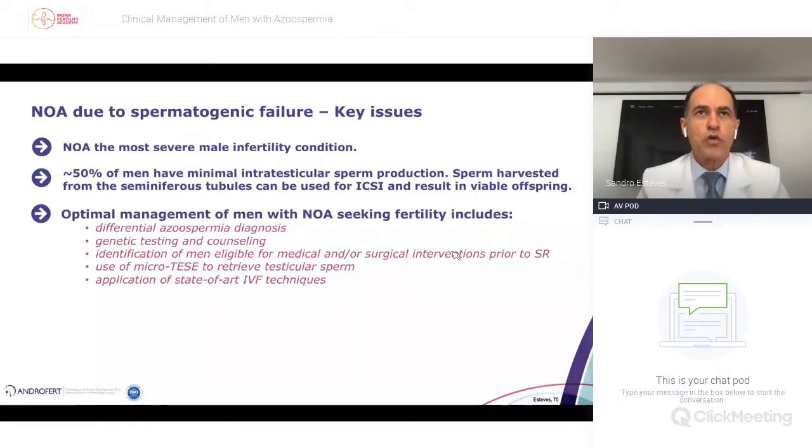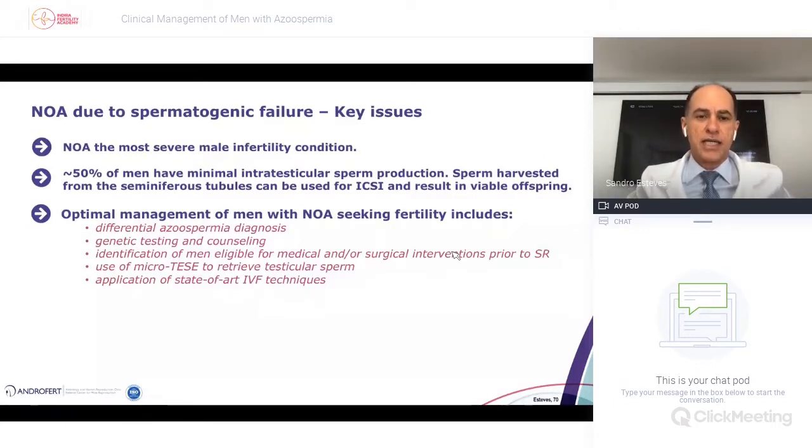Then we need to identify those men in whom we could offer hormonal modulation prior to sperm retrieval or varicocelectomy. These two interventions could help selected men with non-obstructive azoospermia to achieve better outcomes.